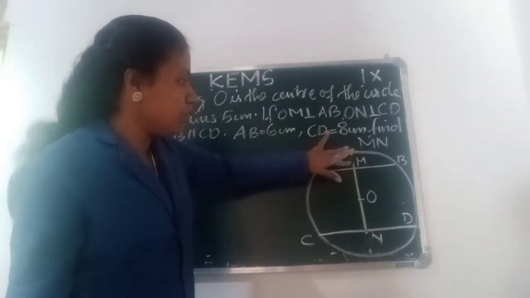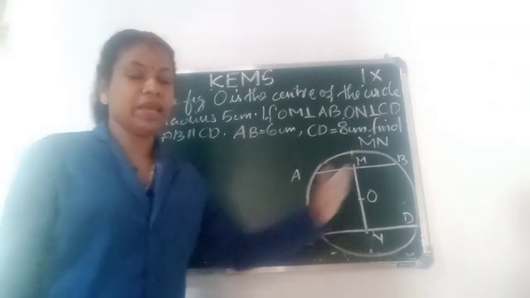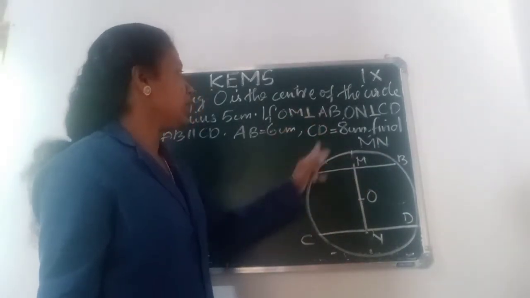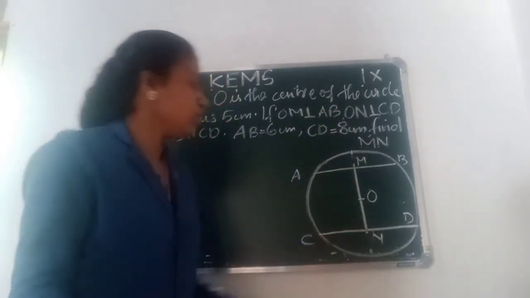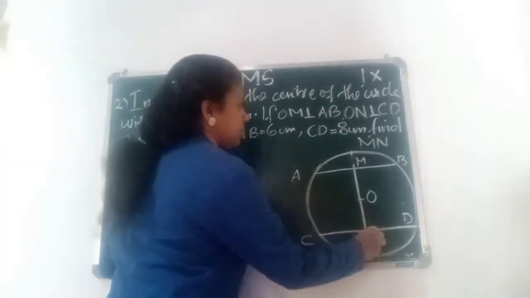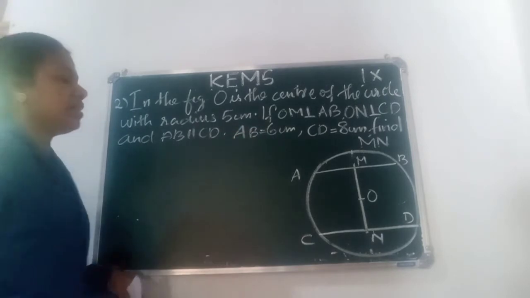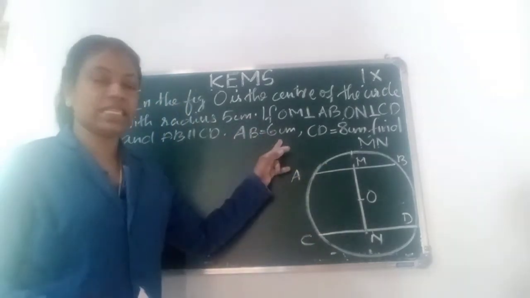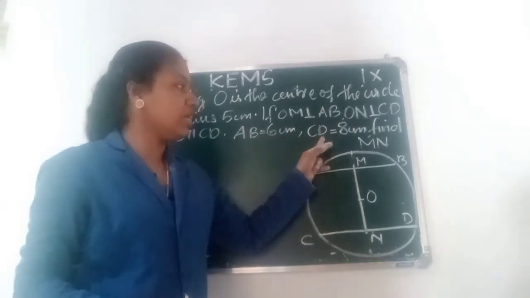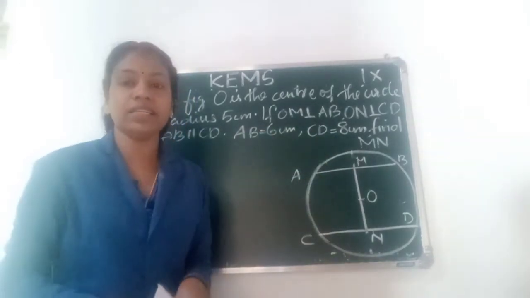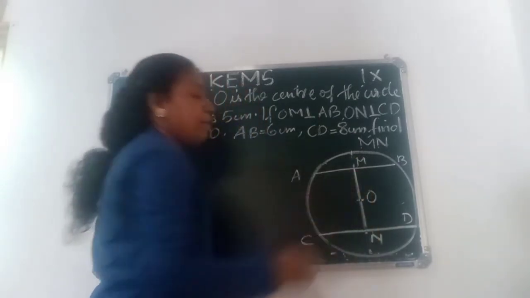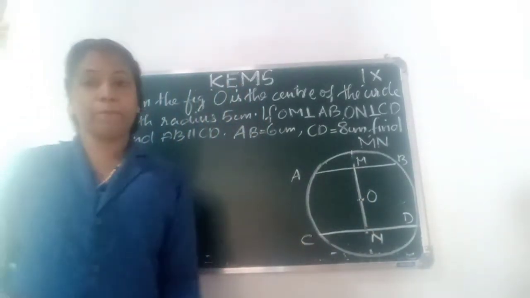These two, AB and CD, are chords, and AB is parallel to CD. The length of AB is given as 6 cm, and CD is given as 8 cm. Find the length of MN.